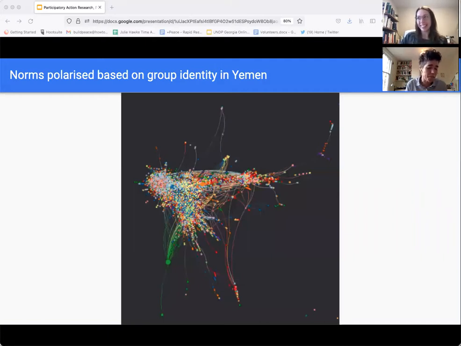So norms in Yemen, basically, there was a really clear example of norms that are polarized based on group identity. What was most evident was the prevalence of coordinated harassment and attacks on social media. In the Yemeni retweet network, which is what you're looking at right now, there are 3 clear poles representing the 3 conflicting political parties.